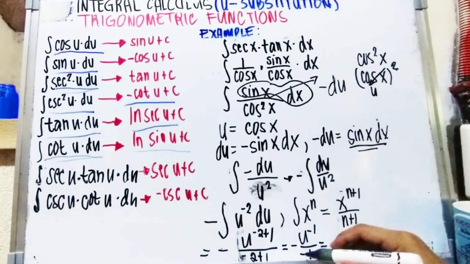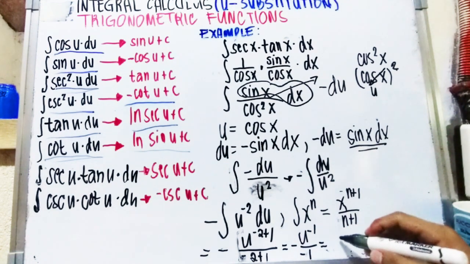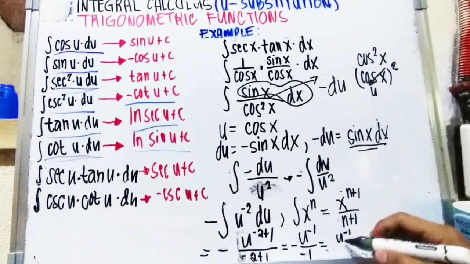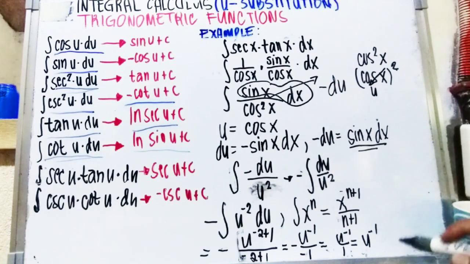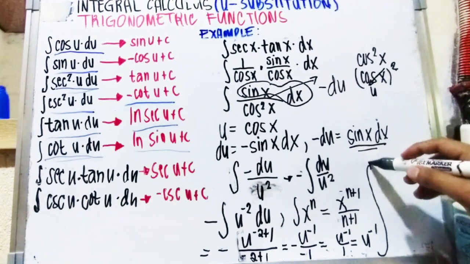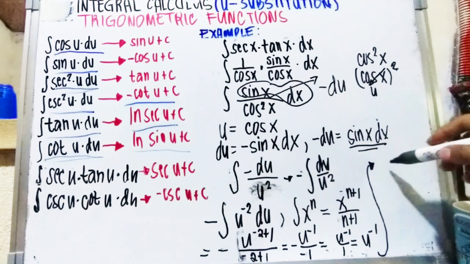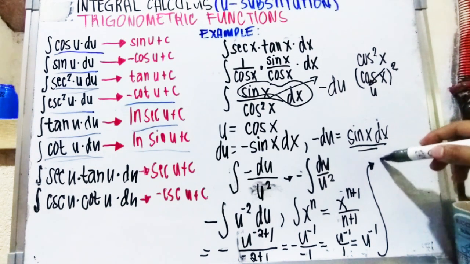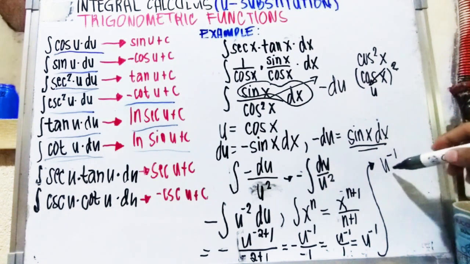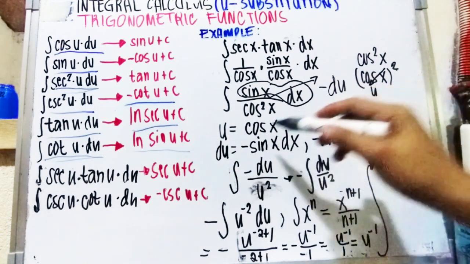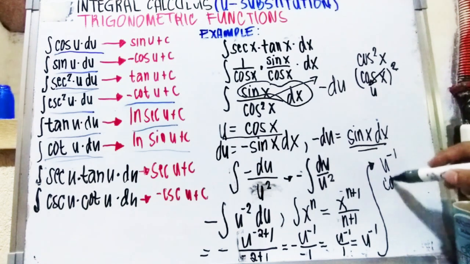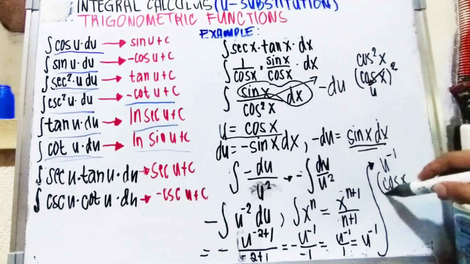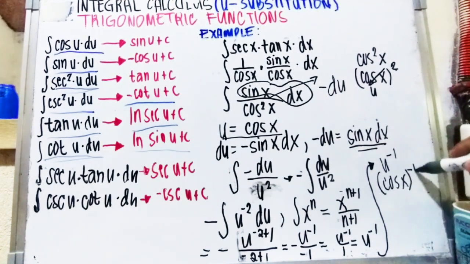Evaluating, magiging negative times negative, magiging positive u negative 1 all over 1, or let's just say u negative 1. Replacing, okay, let's rewrite muna. U negative 1. Ano nga yung u? Yung u natin is cosine x. Magiging cosine x raised to negative 1.